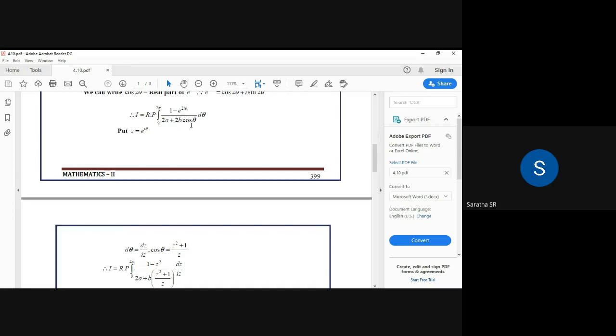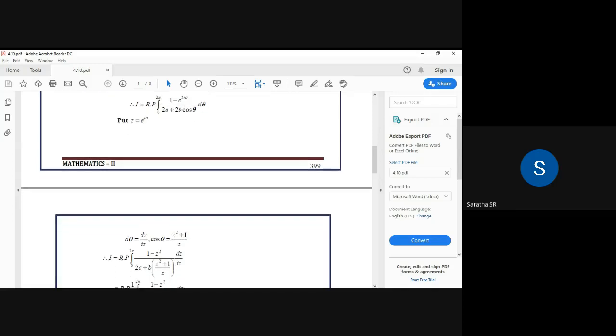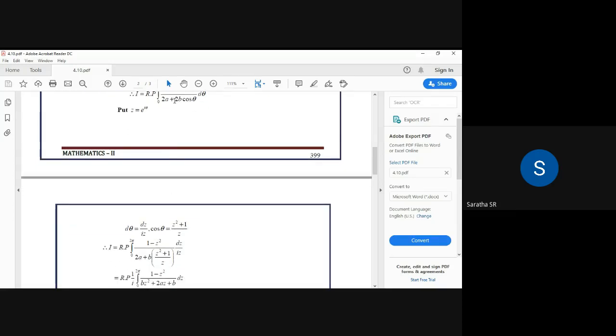Then this 2 and here we have 1 by 2, that 2 will be cancelled. In the denominator this 2 and this 2 will be cancelled. So then we got b into z square plus 1 by z.